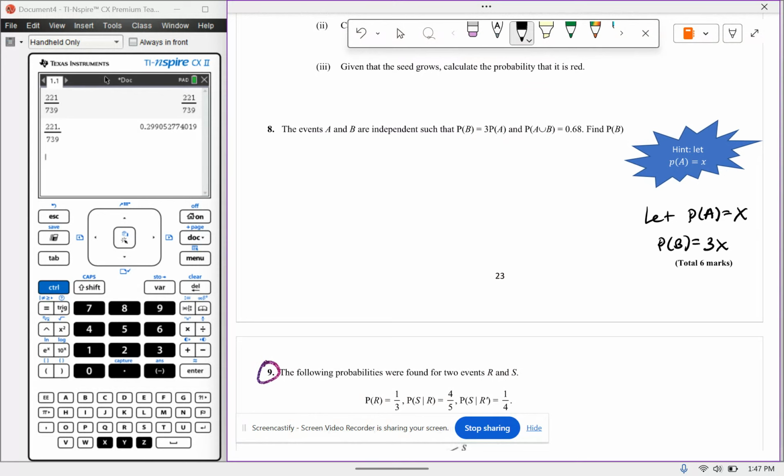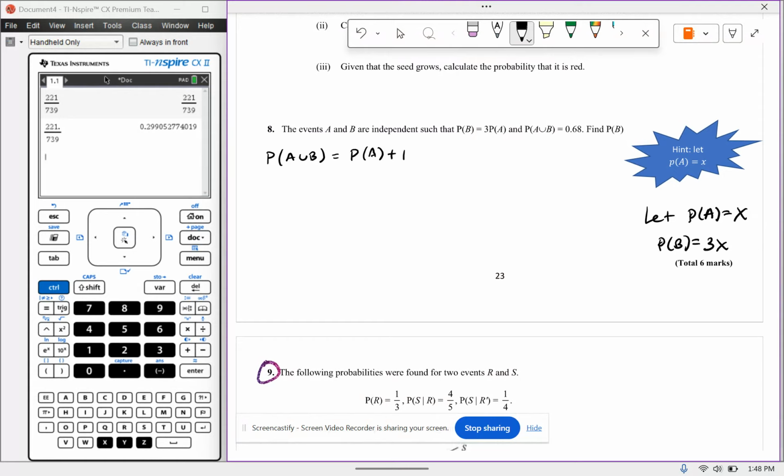Then they give me the probability of A or B is 0.68, and I have to find the probability of B. Seems like a lot going on. That's okay. I see an OR. I'm going to set up the OR formula because I feel like that's what's going to give me the most stuff going on here. So the probability of A or B will be the probability of A plus the probability of B minus the probability of A and B.